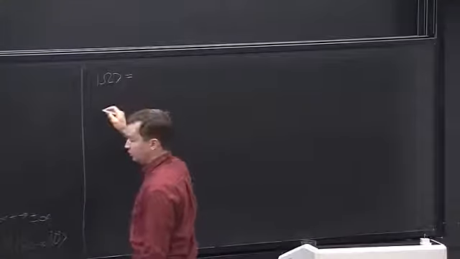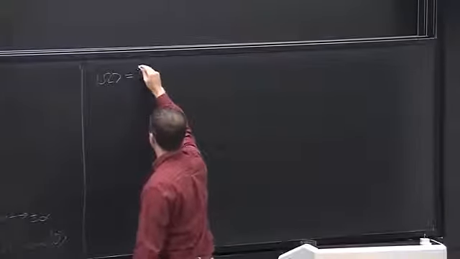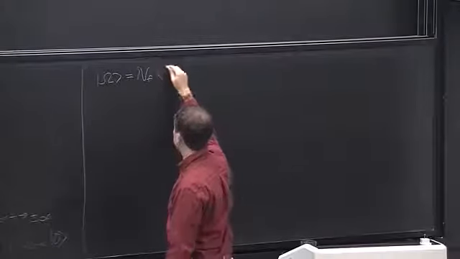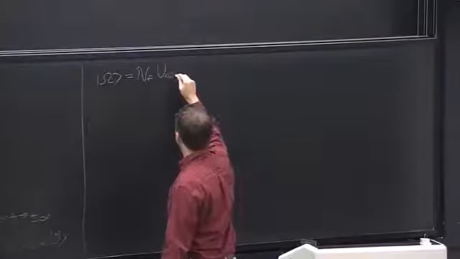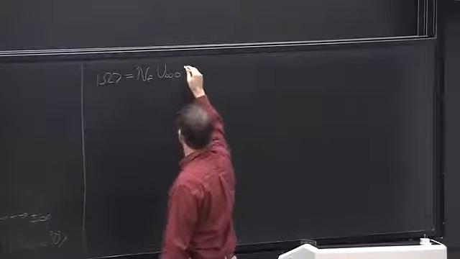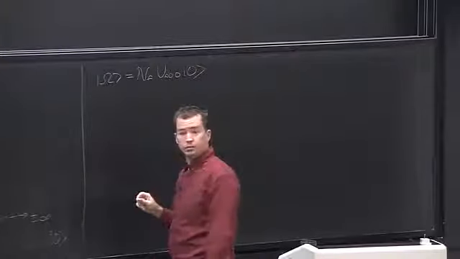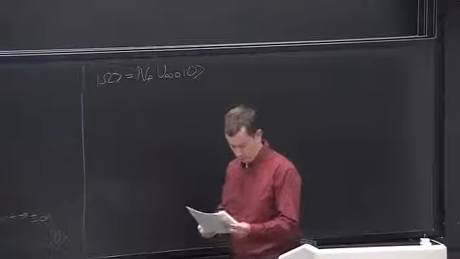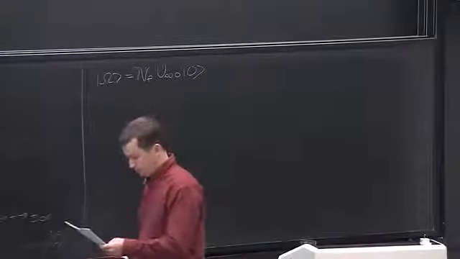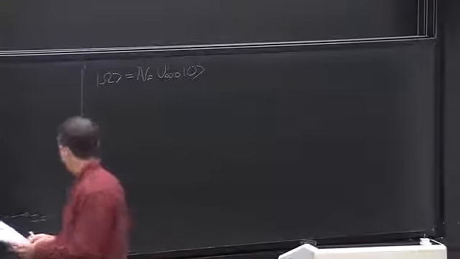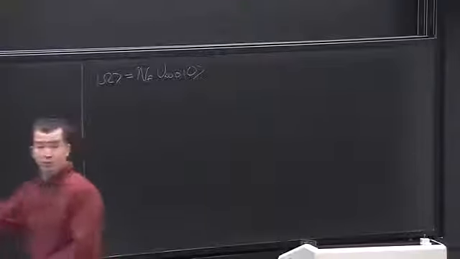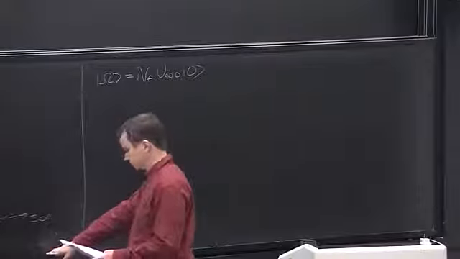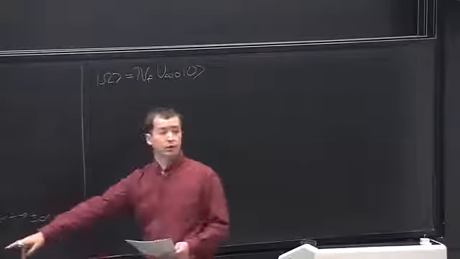We can also write omega as some different, a priori different normalization constant times U infinity 0 acting on 0. So we have two different relationships between the free and interacting vacuum.